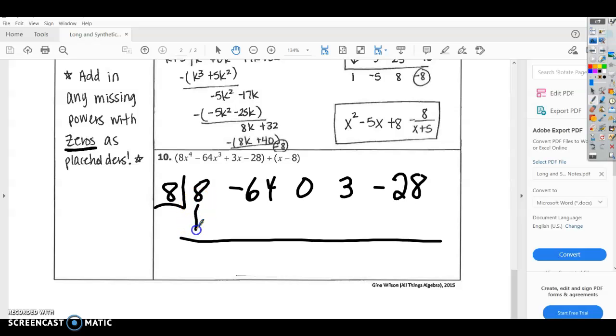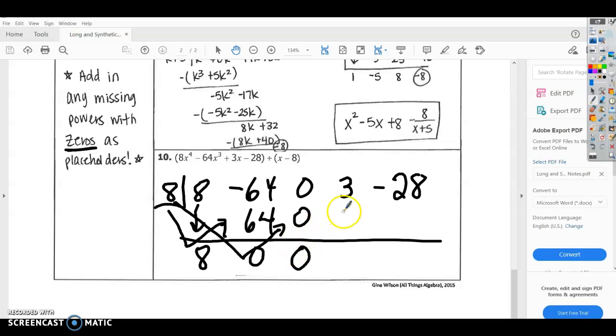I'm going to bring down my first term, and then I'm going to multiply 8 times 8. I'm going to add. I'm going to multiply 8 times 0, which is 0. Anything times 0 is 0. So place that here. 0 plus 0 is still 0. And then 8 times 0 again is 0.